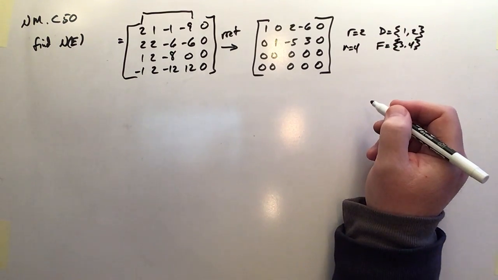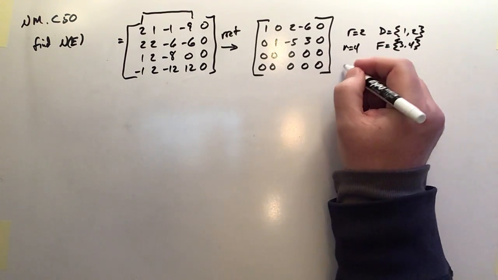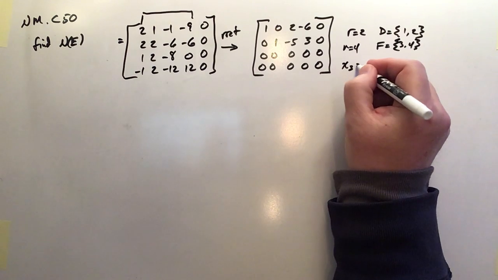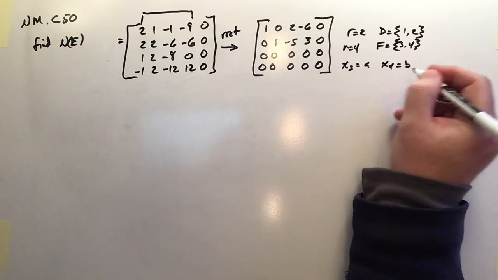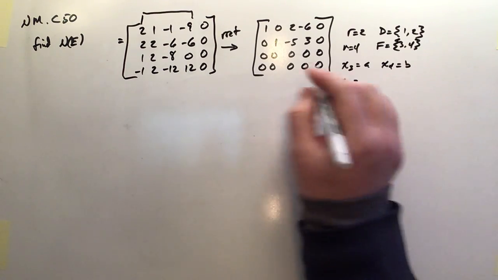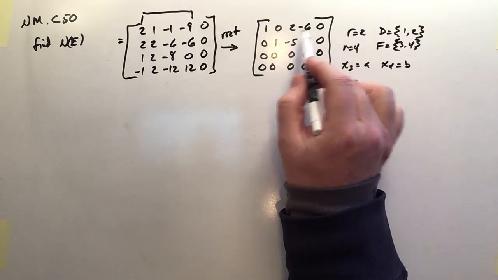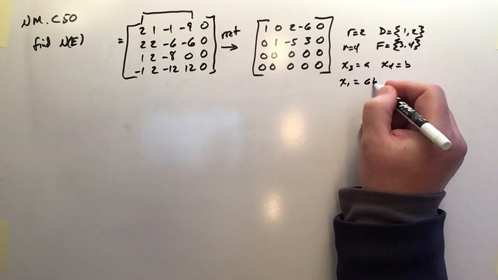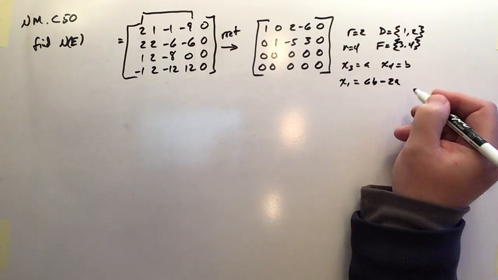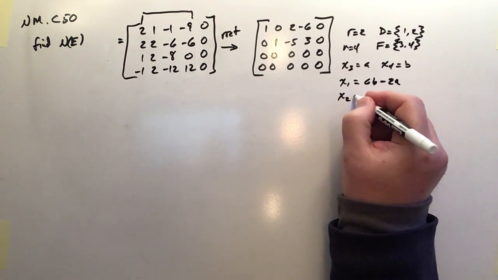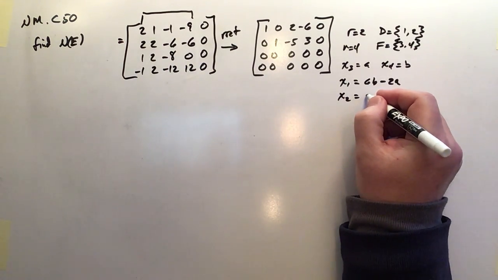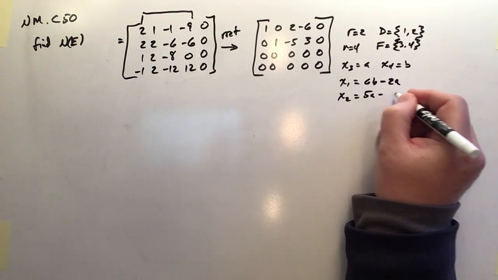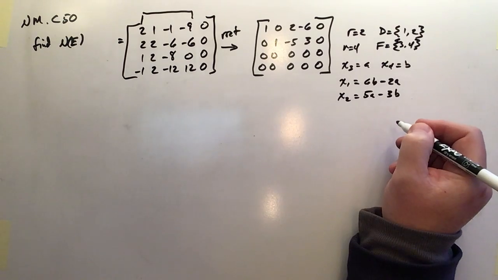There are 4 variables. So columns 3 and 4 are free, so x3 is equal to a, and x4 is equal to b. And then that gives us that x1 is going to be equal to 6b minus 2a, and x2, which is our second dependent variable, is going to be 5a minus 3b.